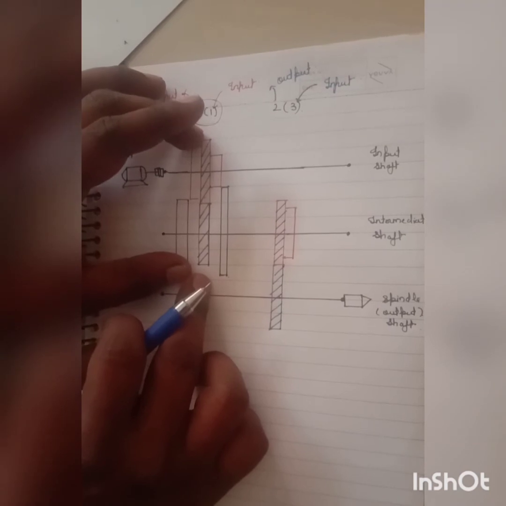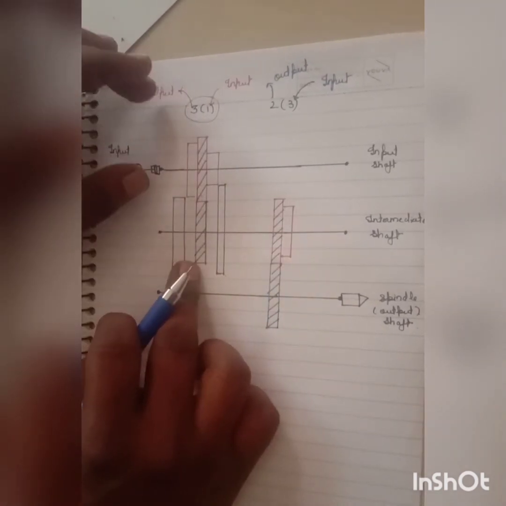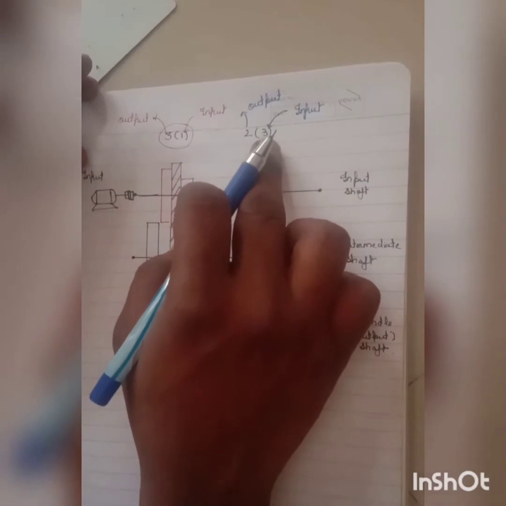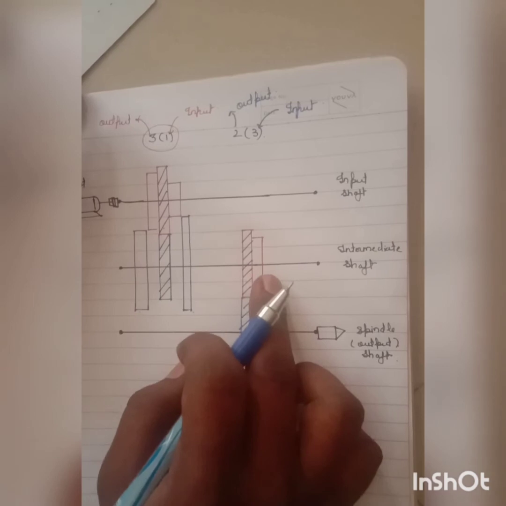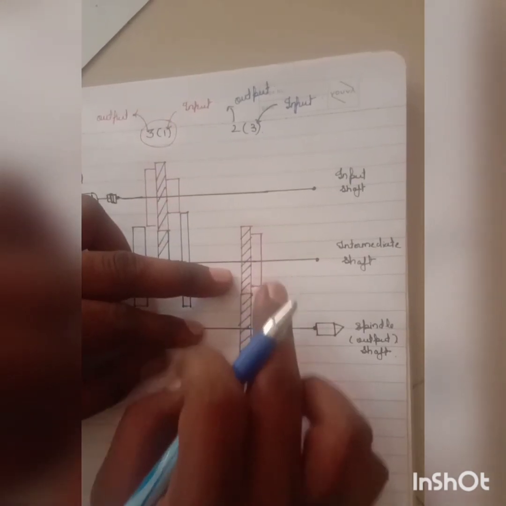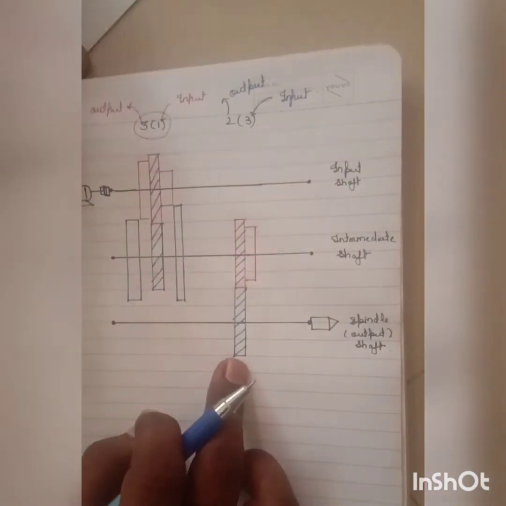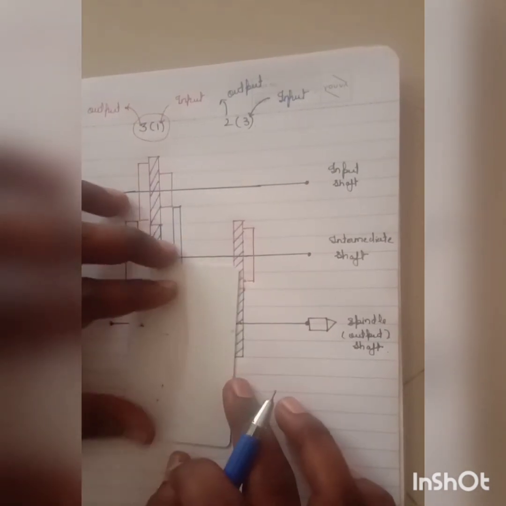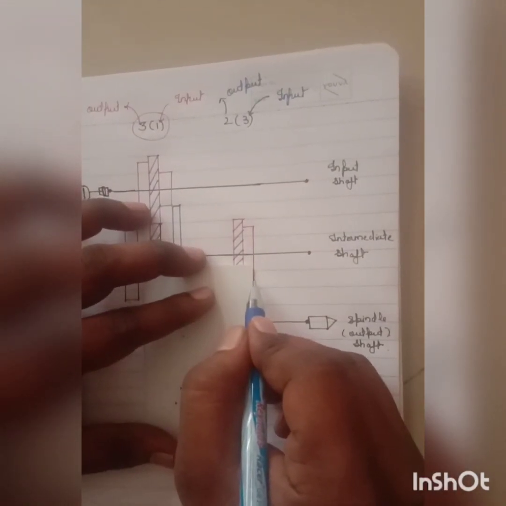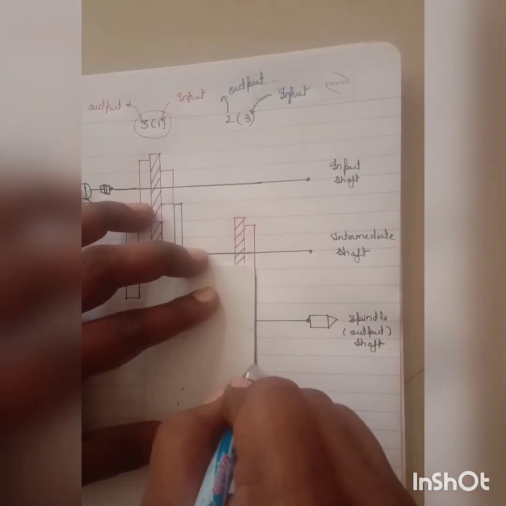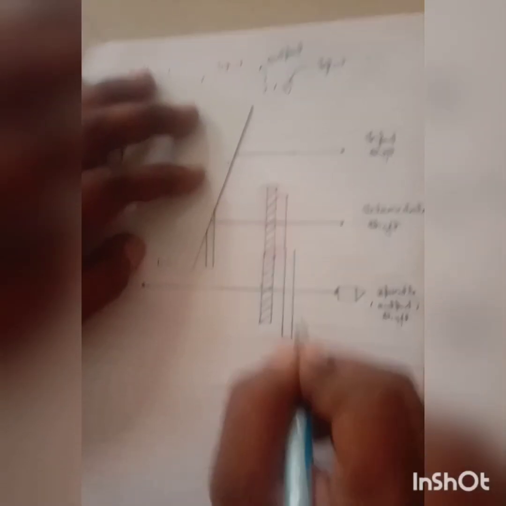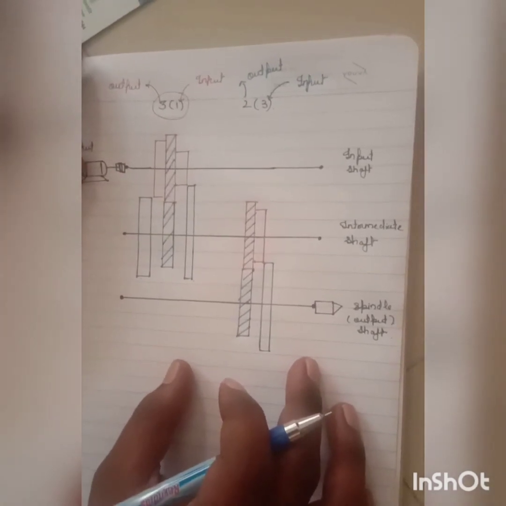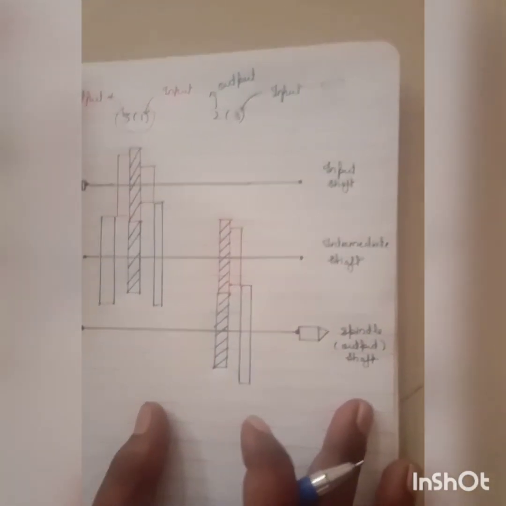Then for the second transmission group we have 3 inputs and 2 outputs, and these 2 outputs are accompanied by 2 gears on the output shaft. So this is how the kinematic arrangement of a 6-speed gearbox looks.